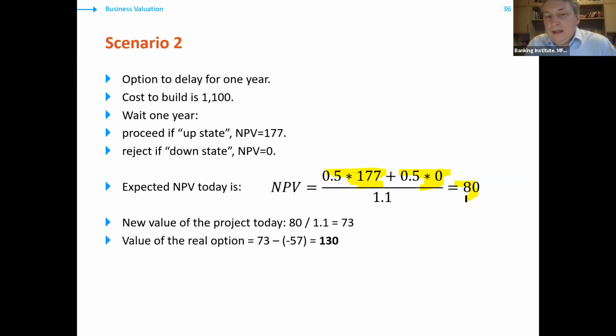First, the value of the real option to delay the project for 1 year is the difference between the net present value of our first version, when we didn't wait, we just invested, and the second version, when we waited for 1 year and only then we invested. So this difference is $130 million. This is the value of this real option.